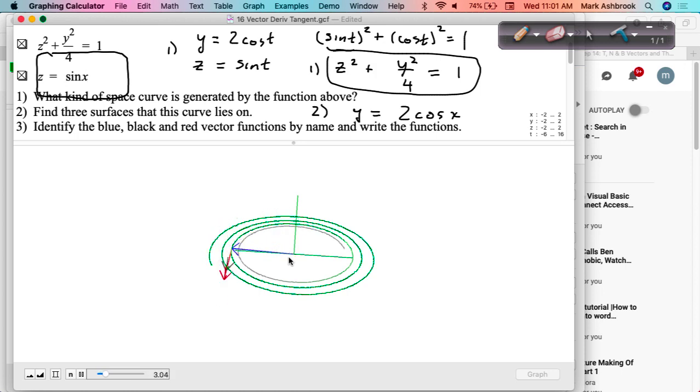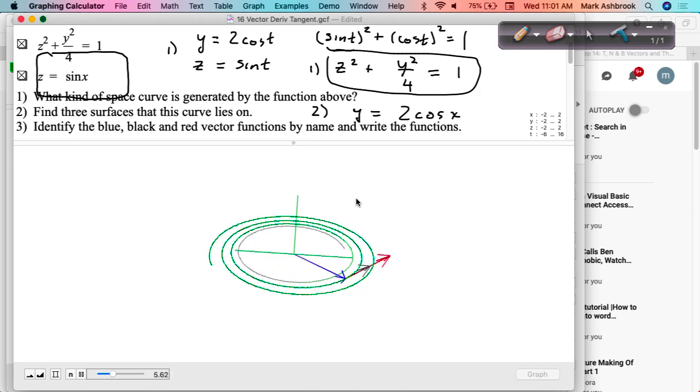And how do you know that red is the derivative function and not black? Notice its value is smaller here and larger here, and then smaller again here, and larger again here. And remember, the magnitude of that vector is like the rate at which the curve is being swept out.